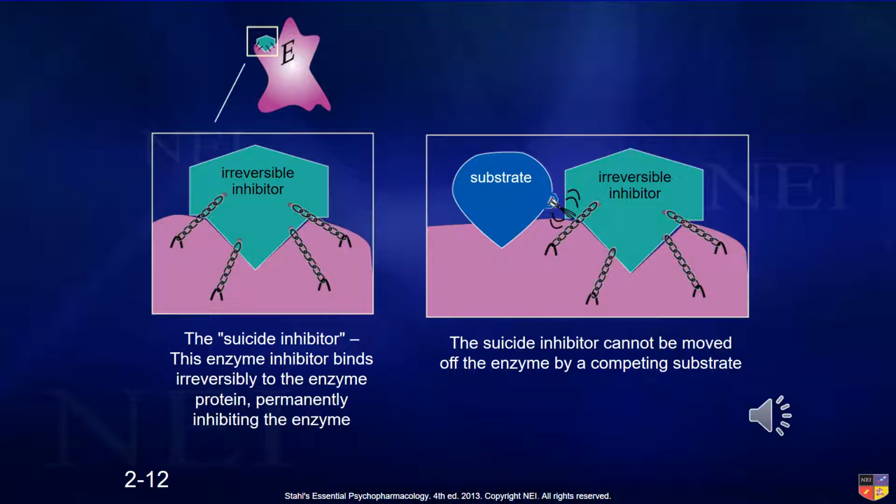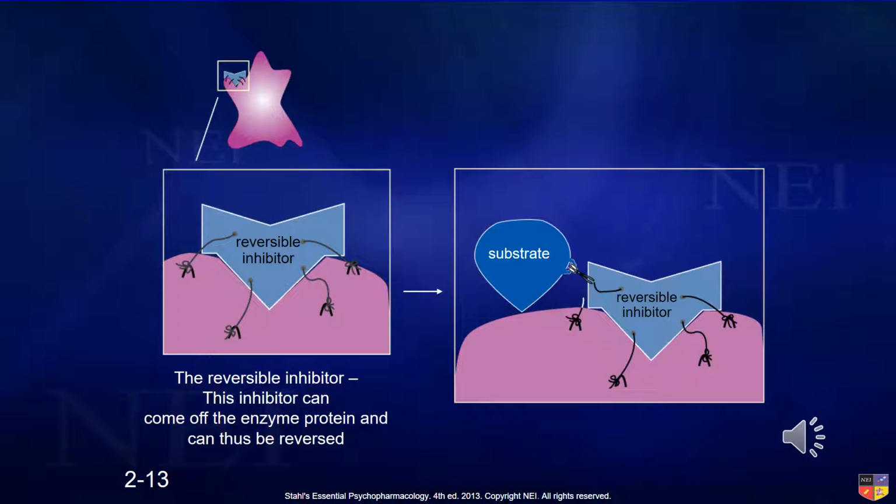The enzyme has bound and cannot be removed. Other of these enzymes are able to be removed, reversible inhibitors. So when the substrate binds to them, the inhibitor can be removed. One of the examples of an irreversible would be the mustard gas that was used in biochemical warfare.